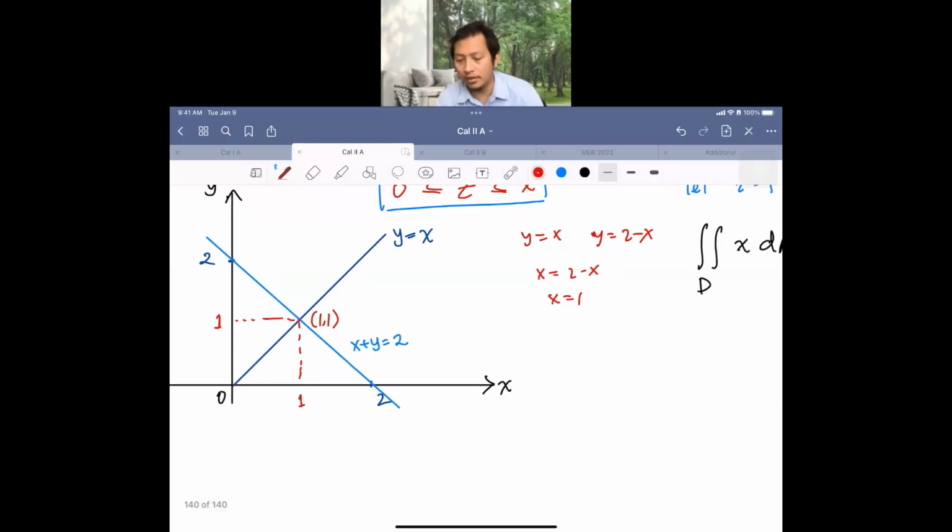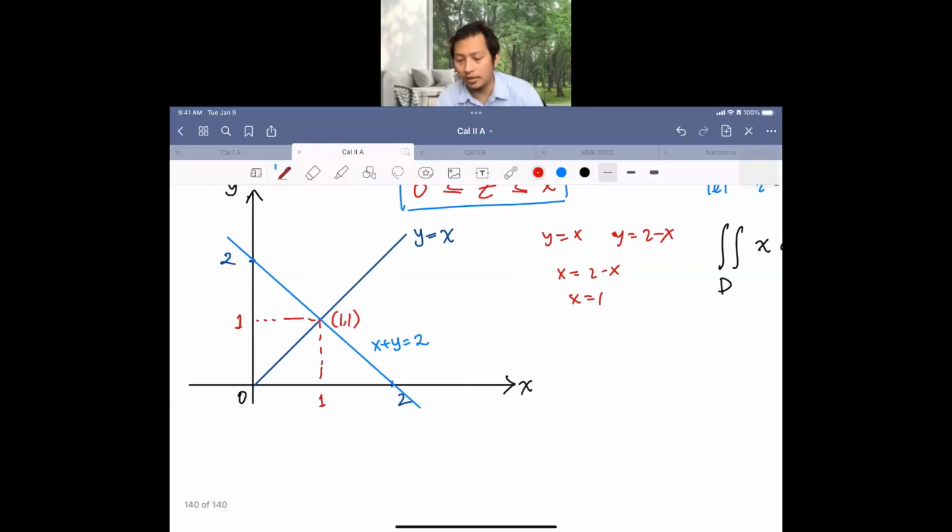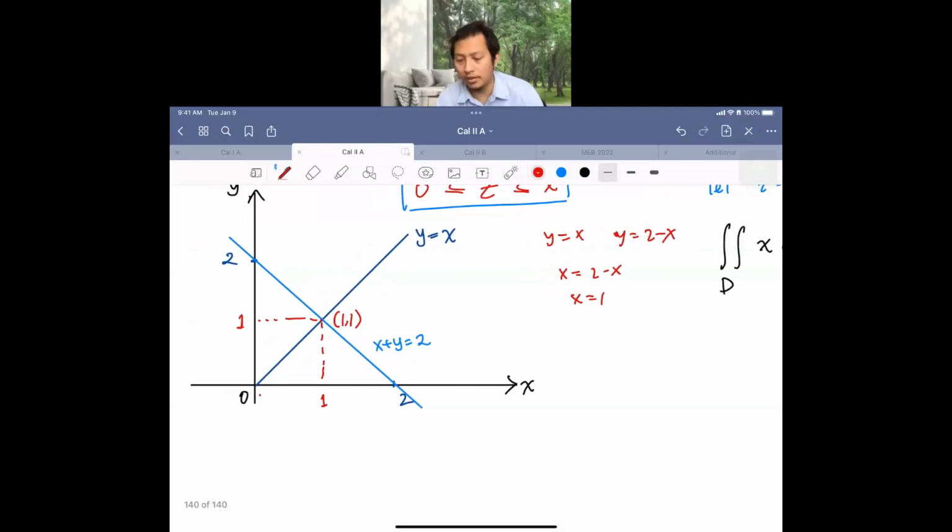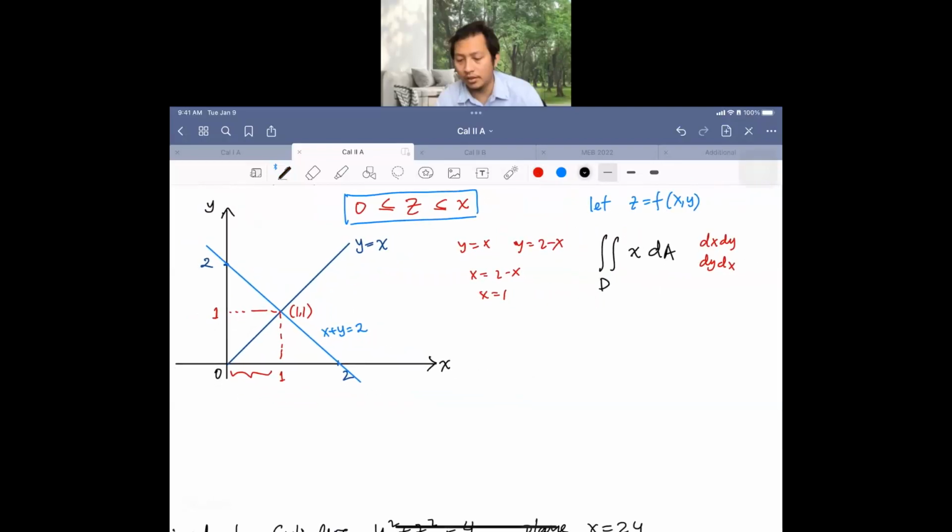So if we take x as a constant, with limits 0 to 1, we should have the outside integral. Let's say we would like to have dy dx.